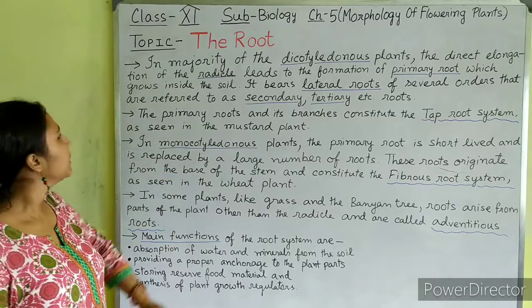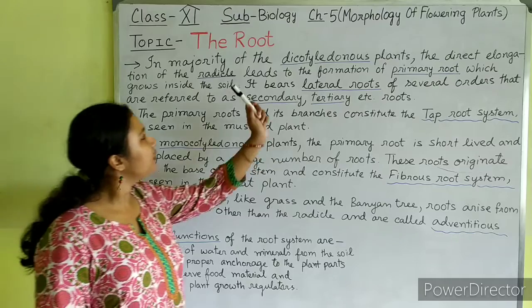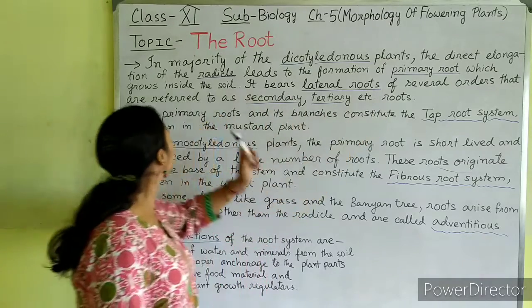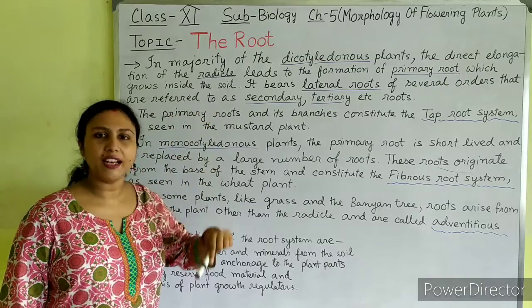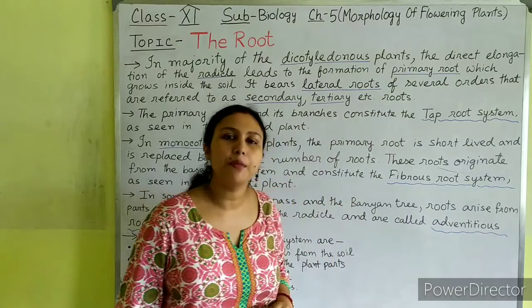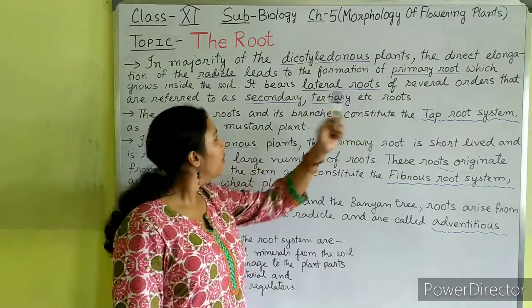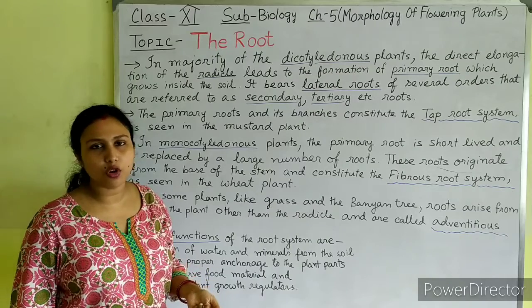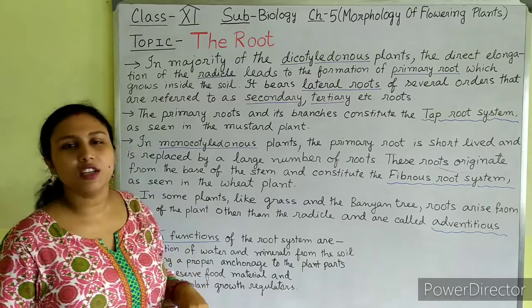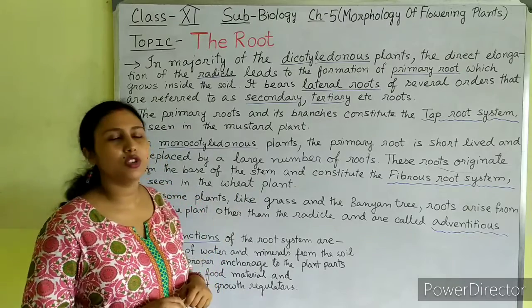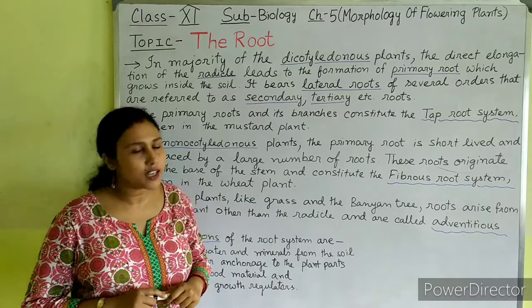The root. In majority of the dicotyledonous plants, the direct elongation of the radicle leads to the formation of primary root, which grows inside the soil. Now, students, you know a dicotyledonous plant is a plant which produces dicot seeds.